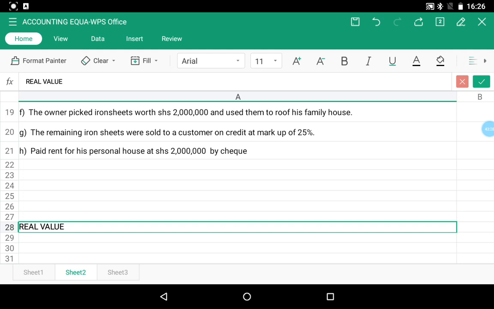The remaining iron sheets were sold to a customer on credit at a markup of 25%.